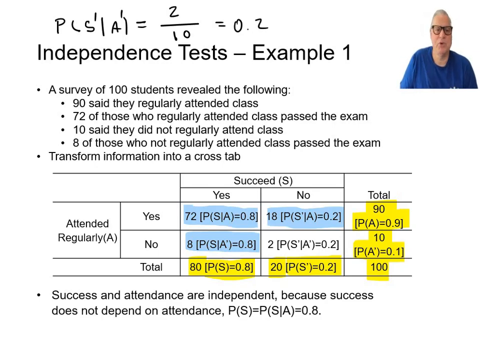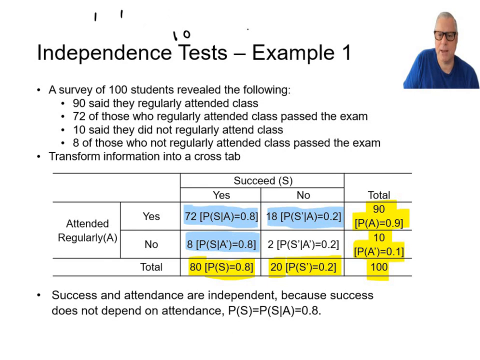Okay, so now we want to know, are attendance and success dependent or independent? Well, intuitively we would think that those are dependent events. Presumably attending class increases the likelihood of success. But if we look at this data, the probability of a student succeeding is 0.8.